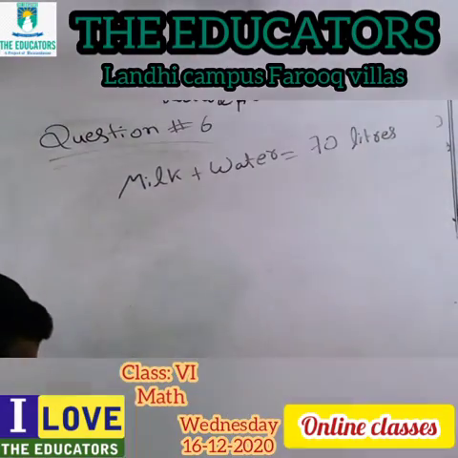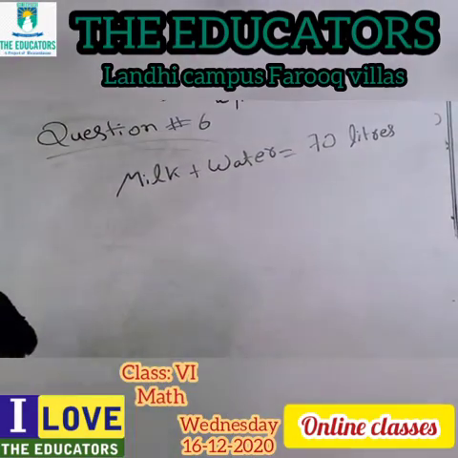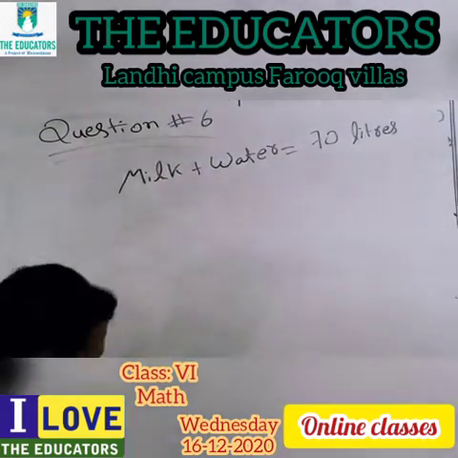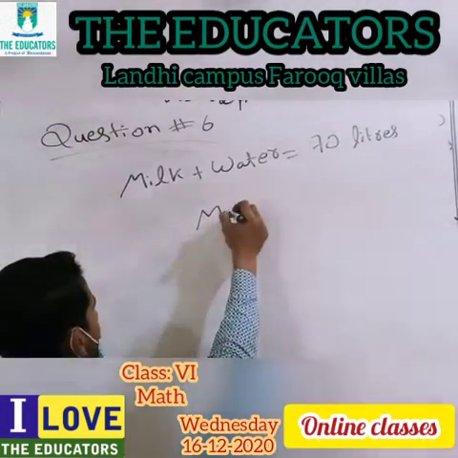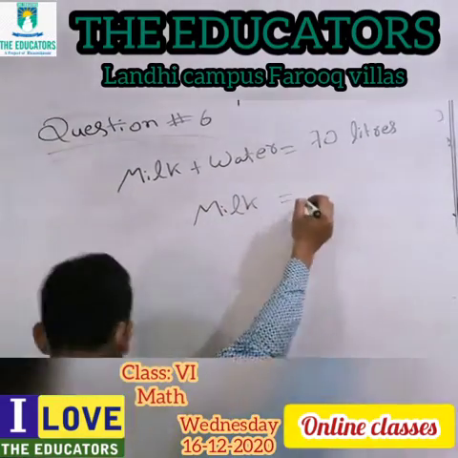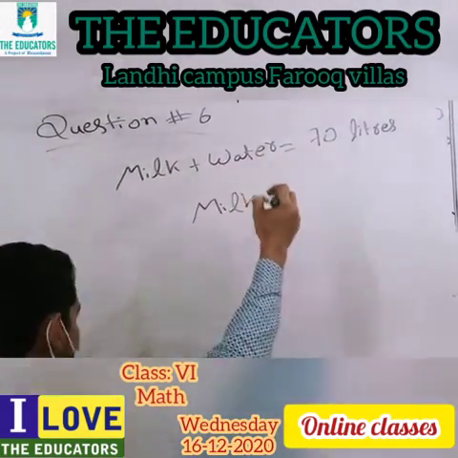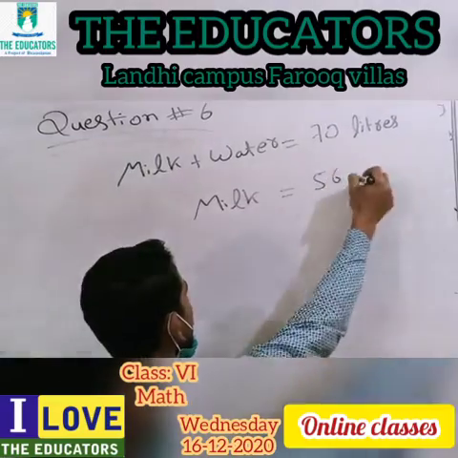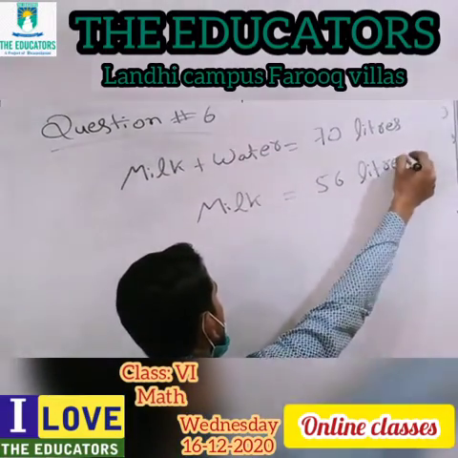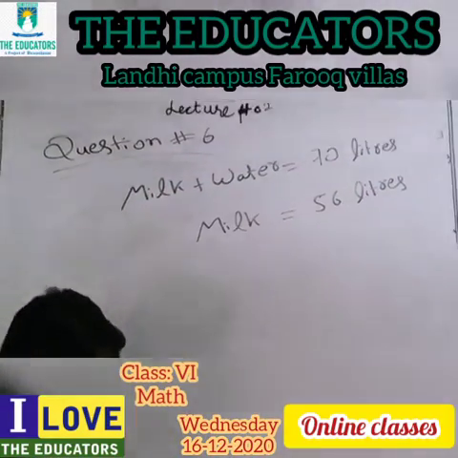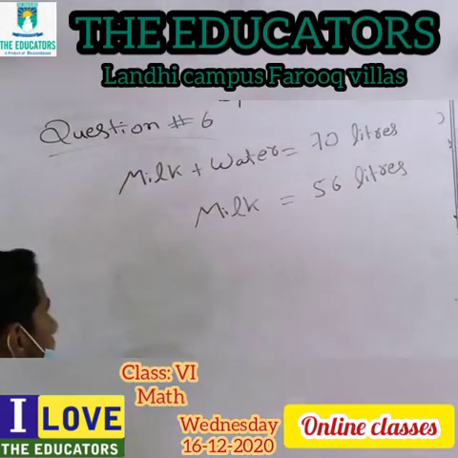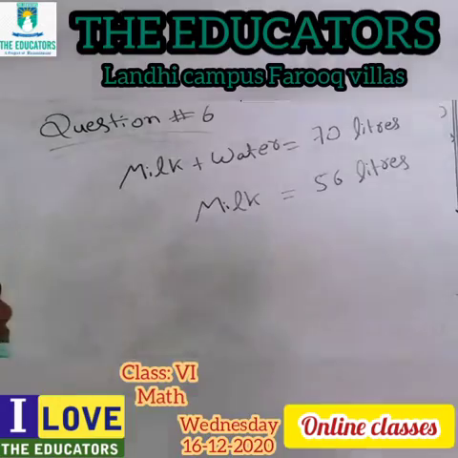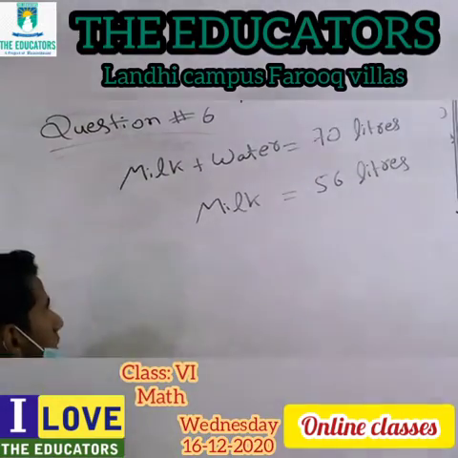Now they tell us the amount of pure milk is 56 liters. Now find the ratio of milk to water in the mixture.